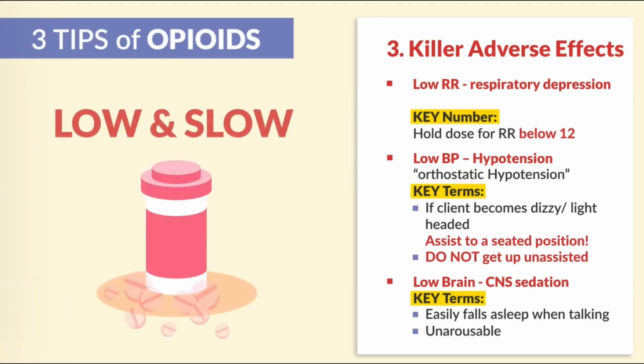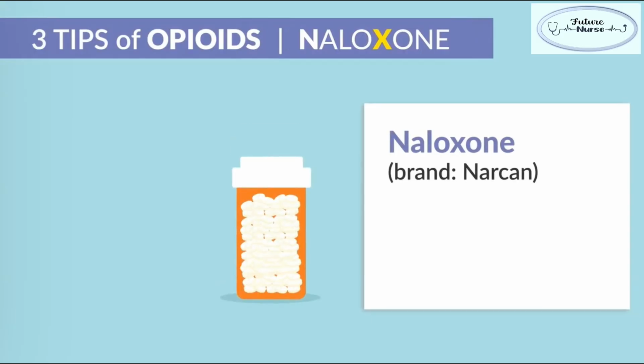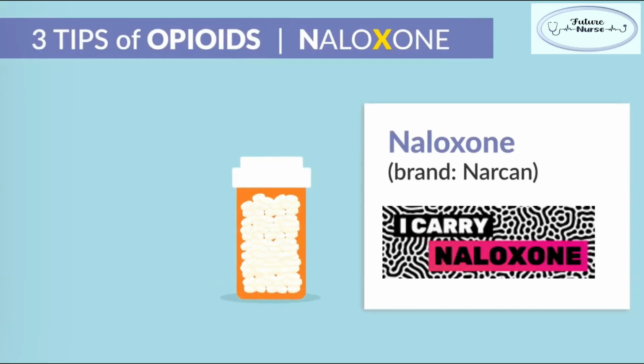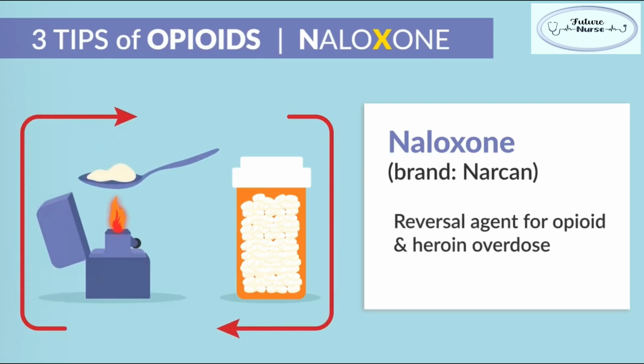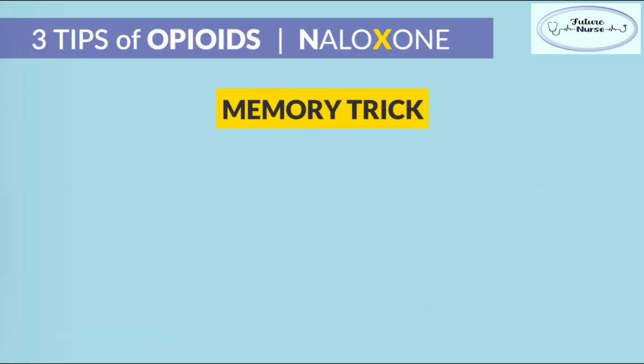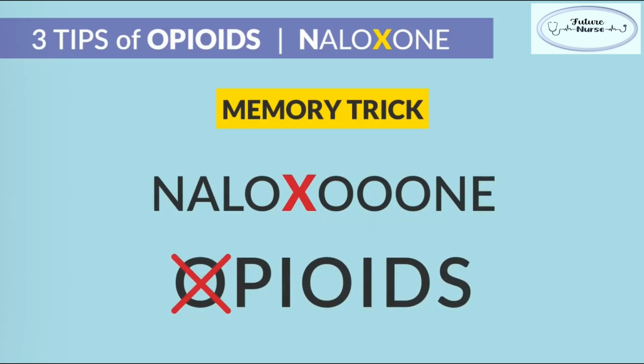Now if things get too low and slow and our patient starts to overdose, we can always give the antidote naloxone, brand name Narcan. It's an opioid antagonist, meaning it's a reversal agent for opioid overdose, as well as heroin overdose. Now the memory trick is we think of the X in naloxone, puts an X on the O's in the opioids.